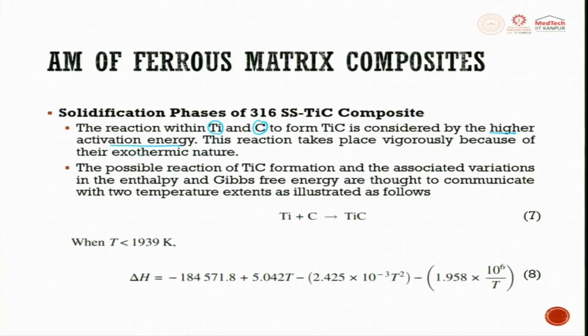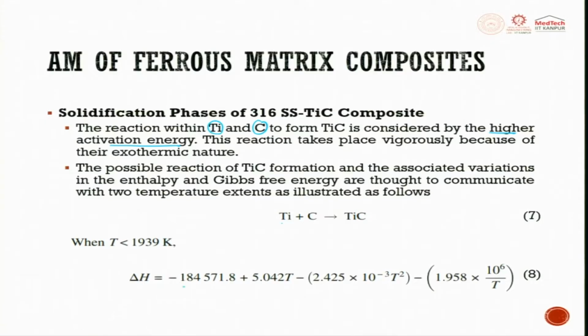Ti and C, because of their high activation energy, try to mix and form TiC, which is a stable phase. The possible reactions of TiC formation and the associated variations in enthalpy and Gibbs free energy are considered for two temperature ranges, as illustrated below. So, Ti plus C gives you TiC, where T is lesser than 1939 Kelvin.